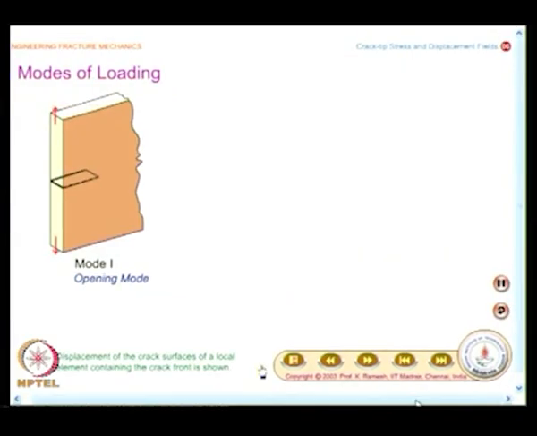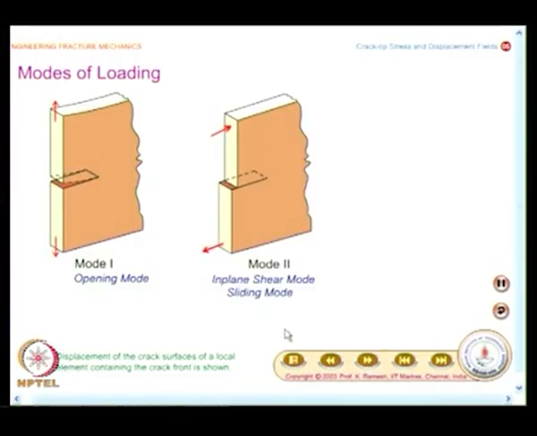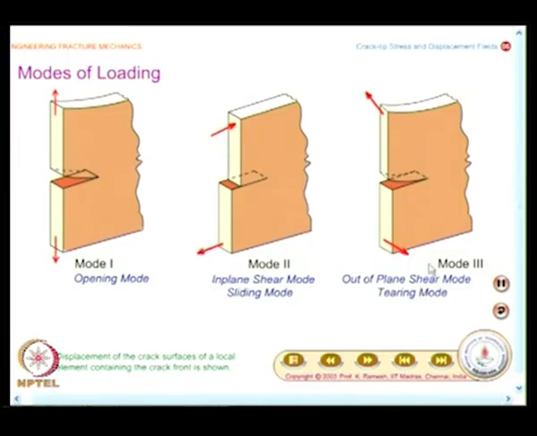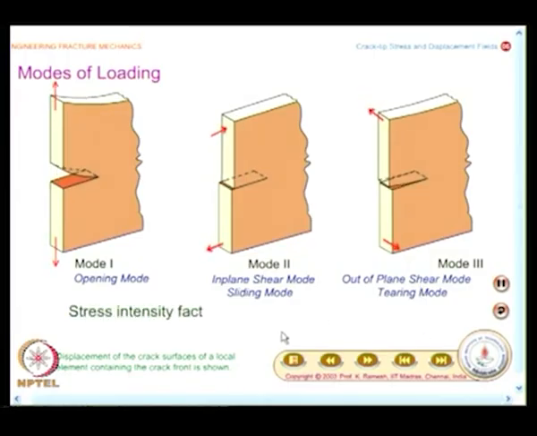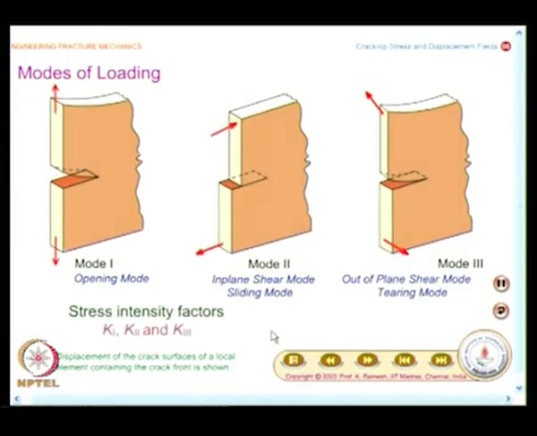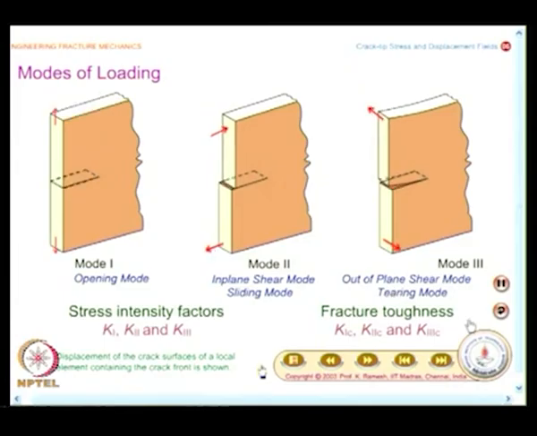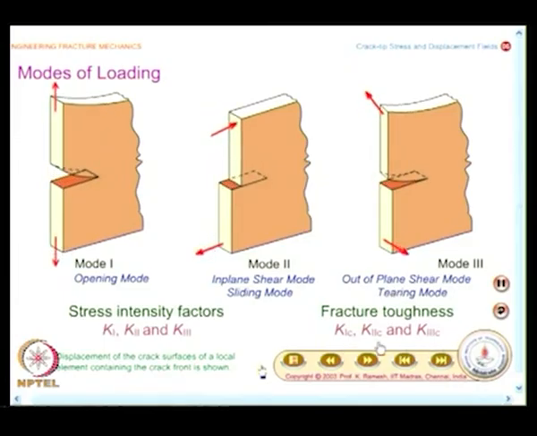This is just to recapitulate what kind of problems we are going to solve in this chapter. We have already looked at what is a mode 1 loading, what is a mode 2 loading, what is a mode 3 loading, and in each of these cases our interest is to find out the stress intensity factors K1, K2 and K3, and from a material testing point of view, you would get K1C, K2C and K3C.